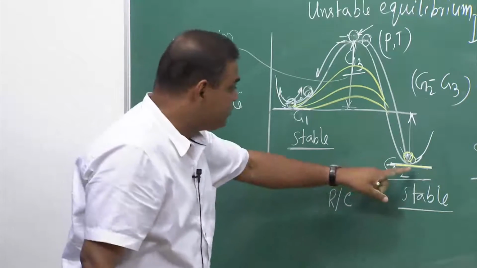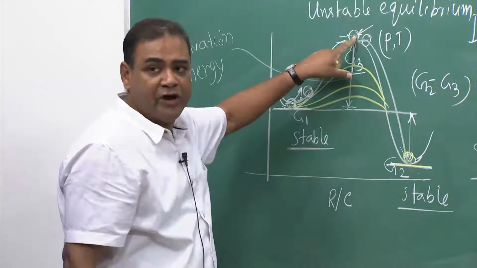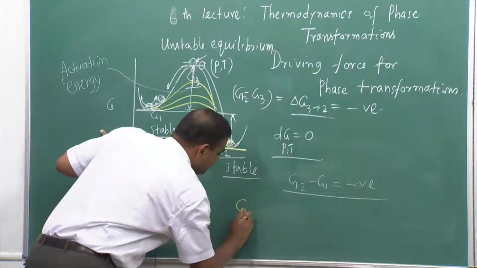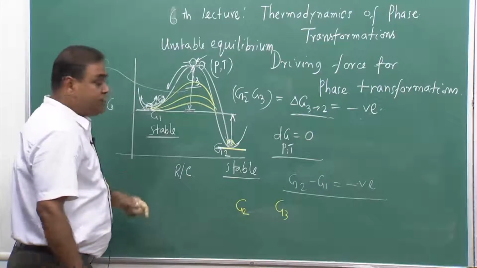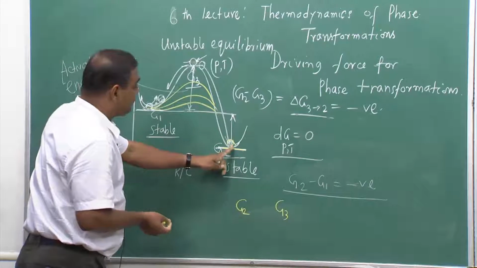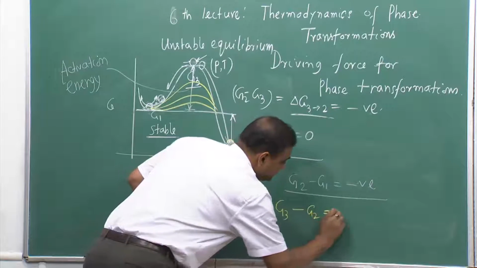Now, this is my starting point, that means G2 is my starting point and G3 is my final point. If I try to find the energy difference when the ball goes from G2 to G3, G3 minus G2 is a positive quantity.